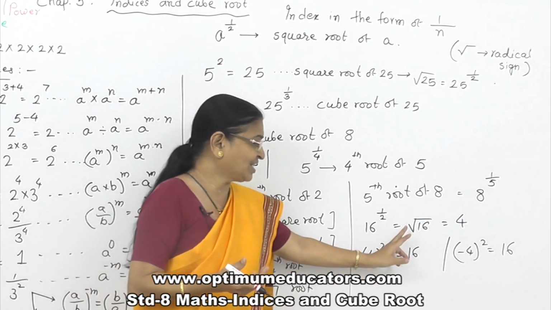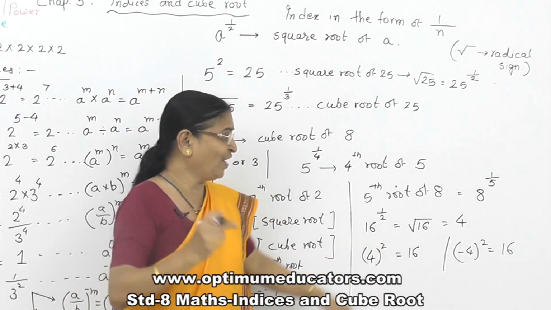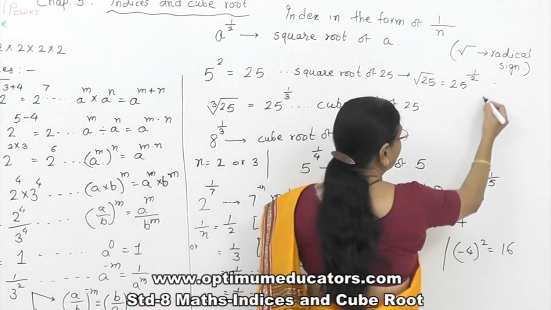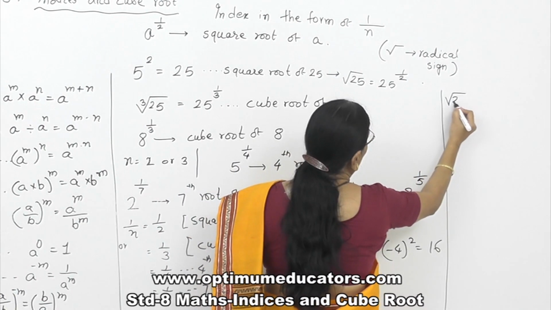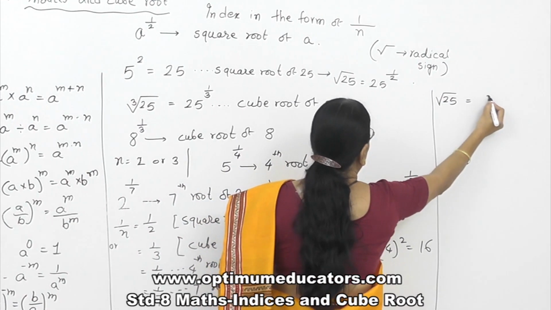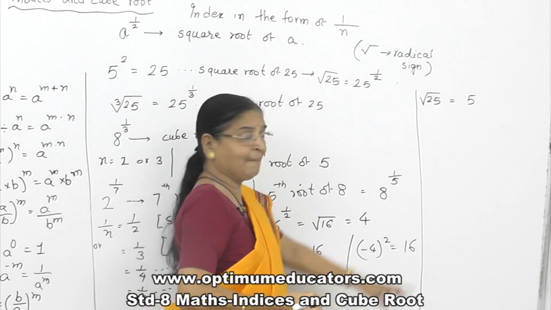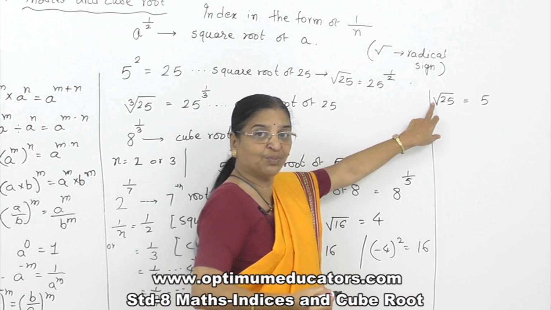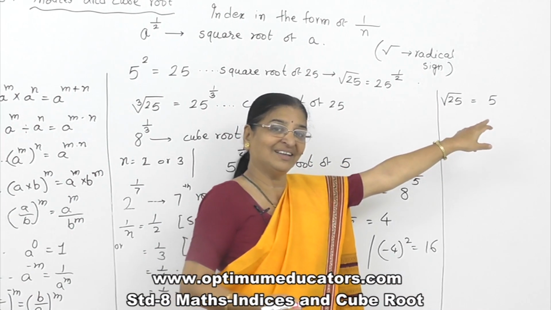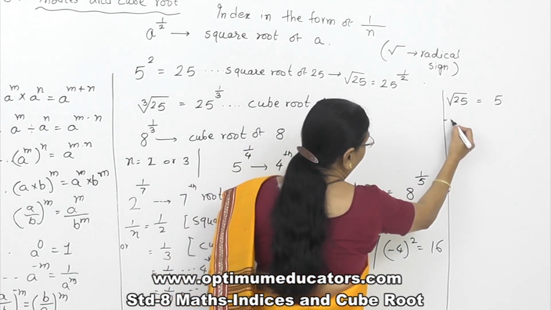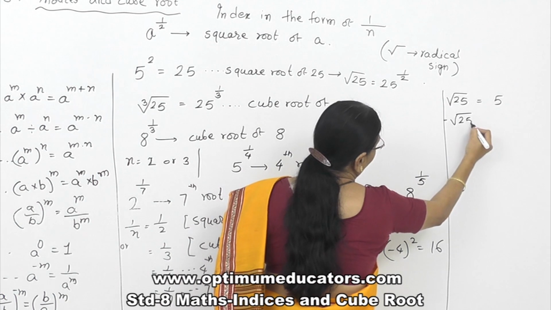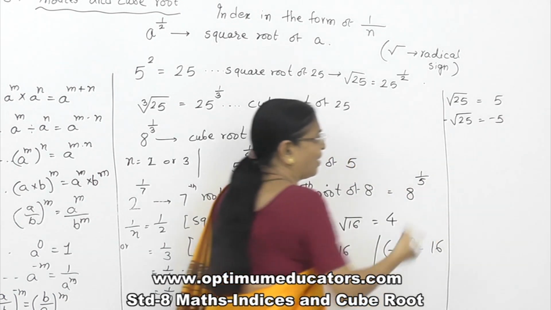We'll show you this sign, the sign of the square root. That is, again you can find out, if I have written square root of 25, then I will write it as 5. Why? Because the sign is positive. That means I need the positive square root. If it is minus root of 25, then I will write minus 5.